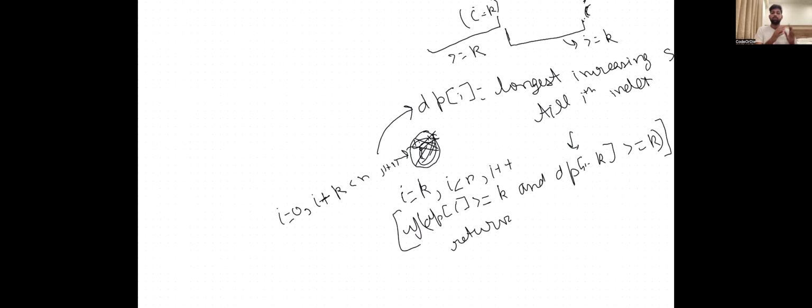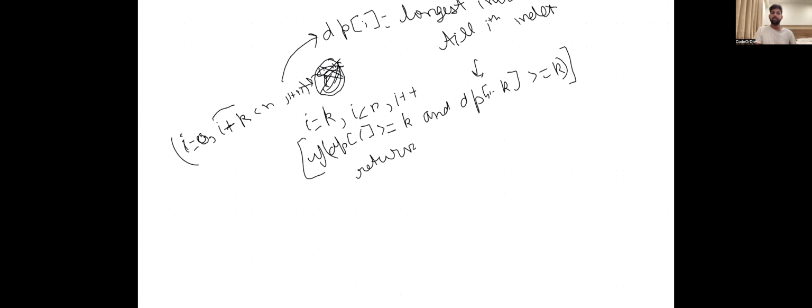I could also start from the left, which means my left subarray starts from 0 and goes up till I plus k less than n. Then I check dp of I greater than or equal to k. Okay, this was the solution.